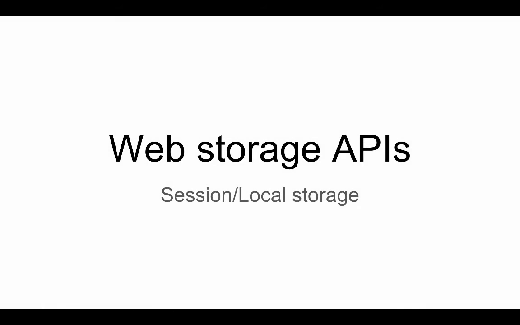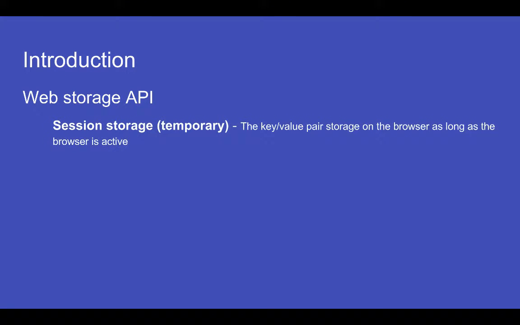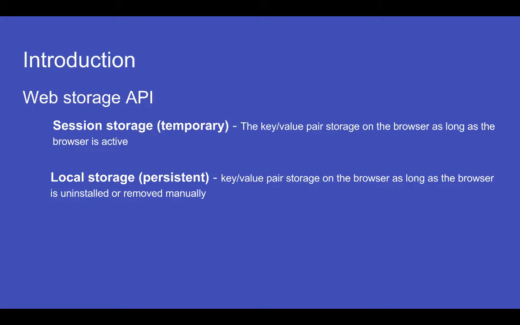Let's have a look at the web storage APIs in detail. Web storage APIs have got two variants. One is session storage and another one is local storage. The data is going to be key value pairs, so you can store multiple key value pairs in one storage, whether it is session storage or local storage. The difference is that when it is a session storage, the data is going to expire as you close the browser, or it depends on the client.